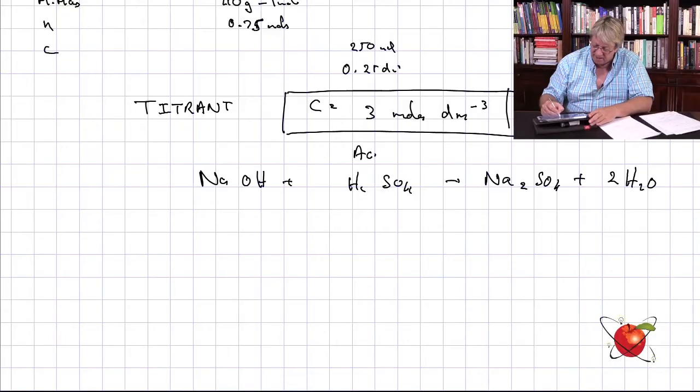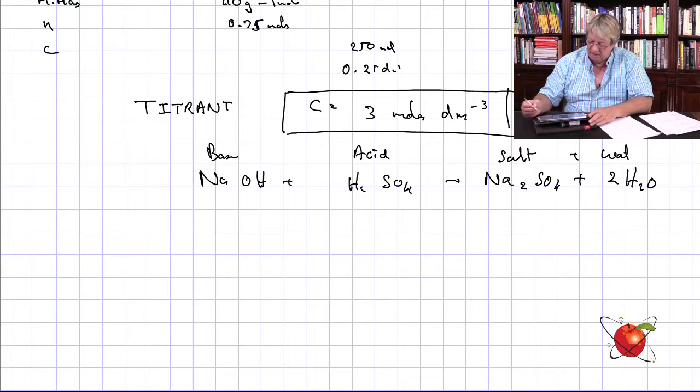This is our actual reaction now, isn't it? This is the neutralization reaction. We get a salt plus water. Acid, base, salt, water. Remember that from way back? Acid, base, salt plus water. Okay, so now this is the one we're using.